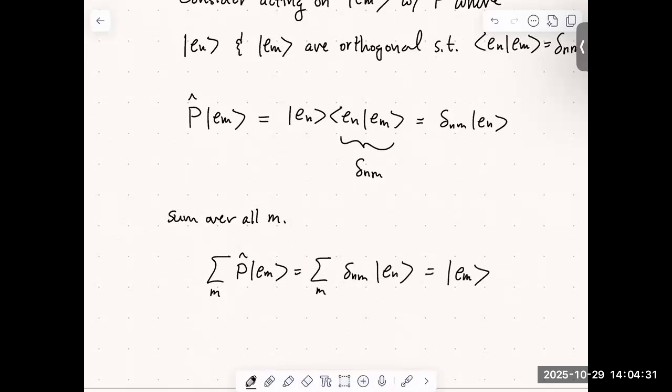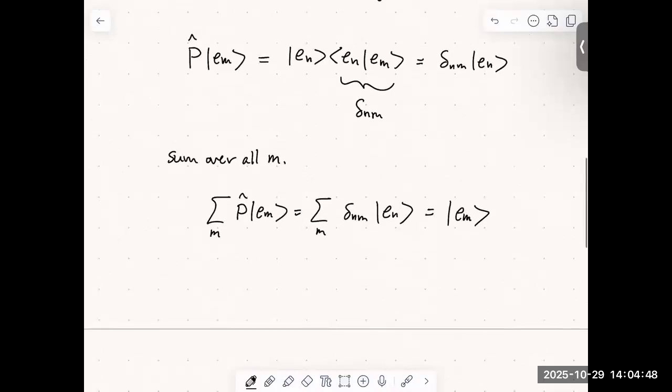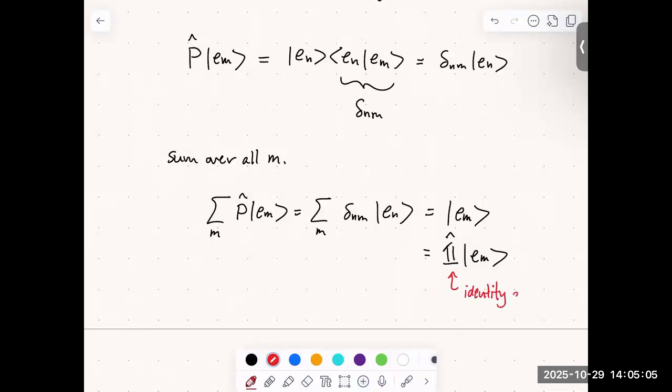Okay, so that's kind of interesting. The sum of the projection operator acting on state EM returns EM. But if we think of this as a column vector, what times a column vector returns the column vector? Well, it's just the identity. And so we could write this as the identity operator times this EM. If we think of EM as a column vector, then this identity operator would be the identity matrix.